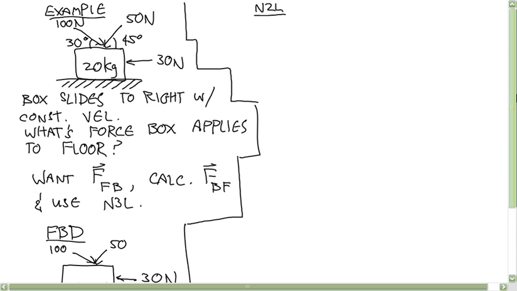So we have on the left side, the 100 newton force is the magnitude times the unit vector that you get from cosine and sine.